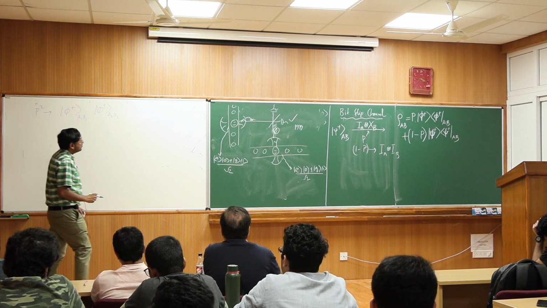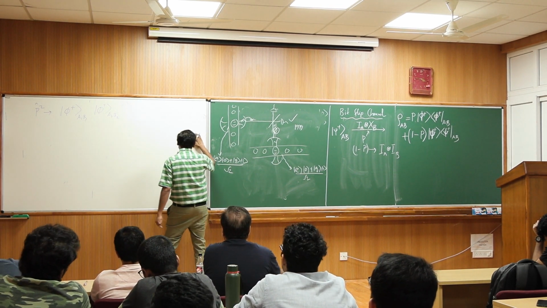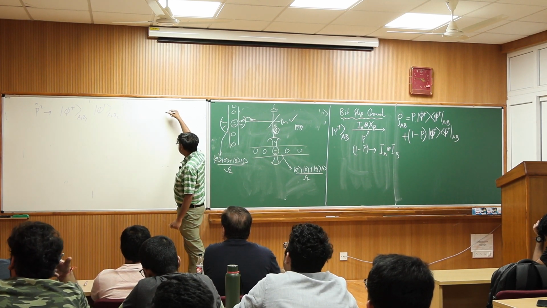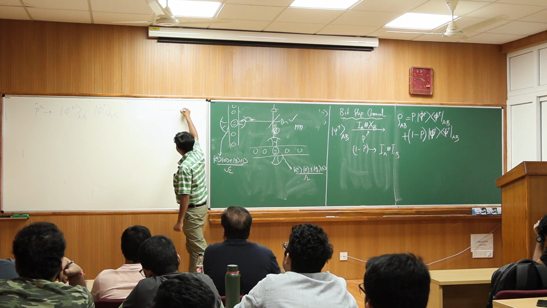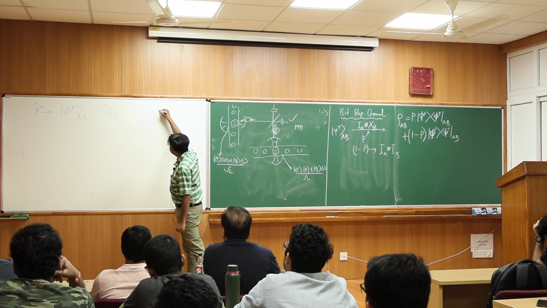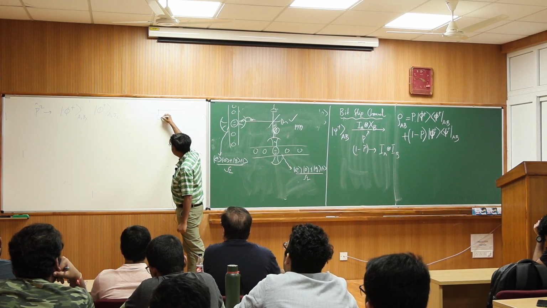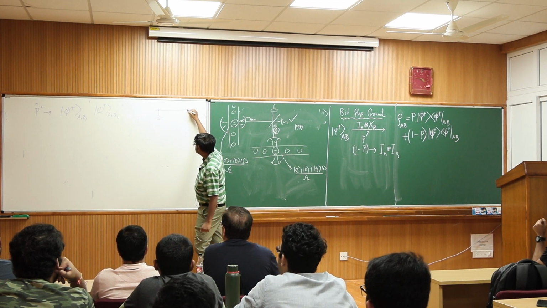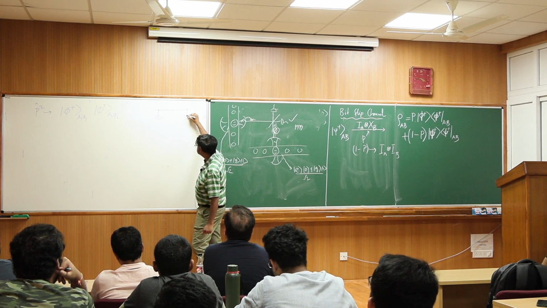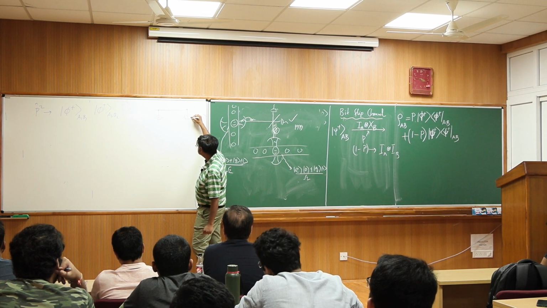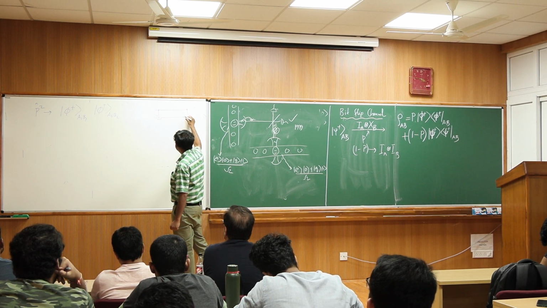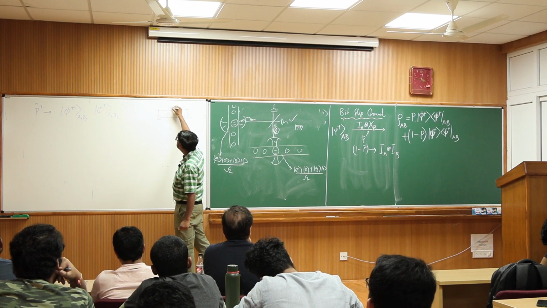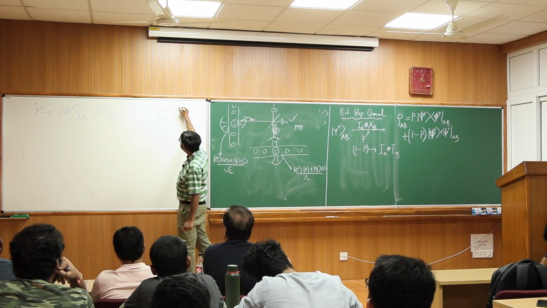And what is the circuit we are going to do on them? The circuit has to be done on this shared thing. What has to be done is called a bilateral C naught. So this is one shared pair A1 B1.